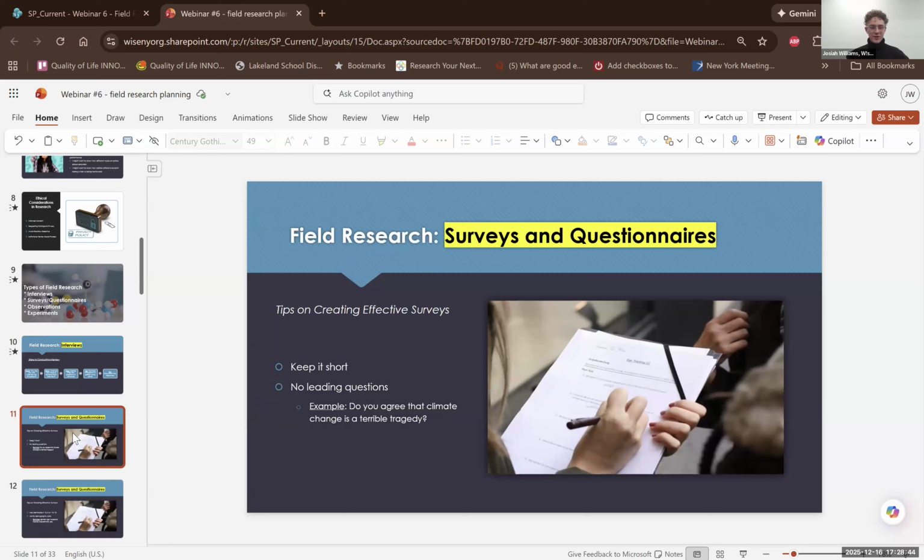Surveys are very similar, except they are trying to collect a lot more responses, and surveys will do a better job at quantifying the data. So in an interview, you get verbal data, and this is qualitative data.